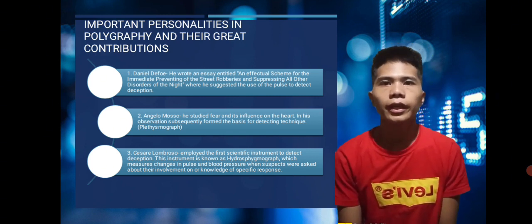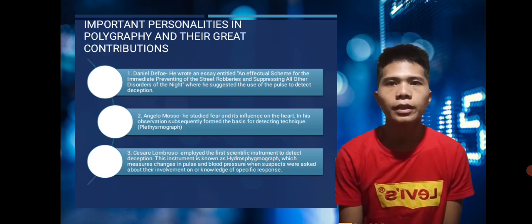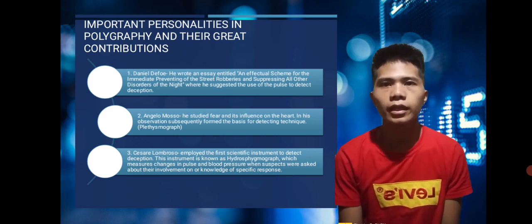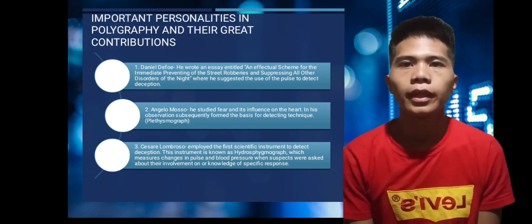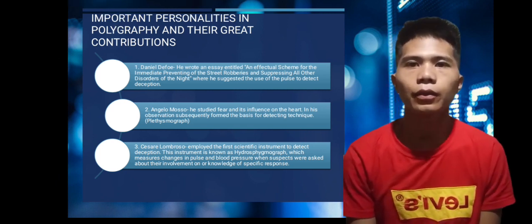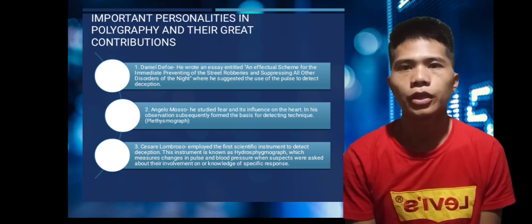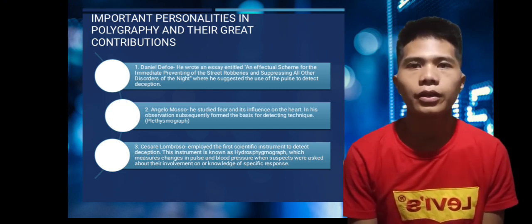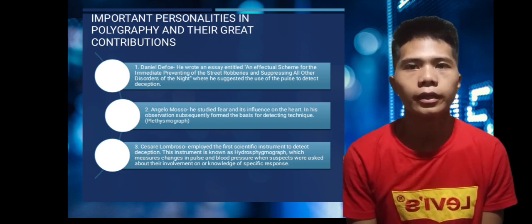He studied fear and its influence on the heart, and his observations subsequently formed the basis of detection techniques. Plethysmograph. He devised a scientific cradle designed to measure the flow of blood while a person lay on his back in a prone position, as it became concentrated on one part of the body and then the other.